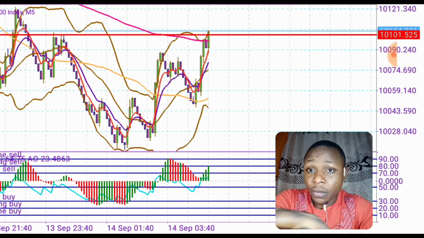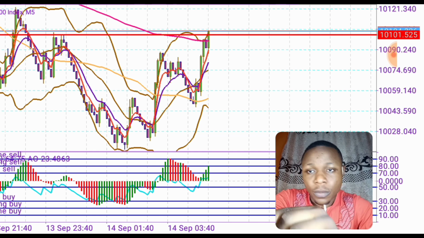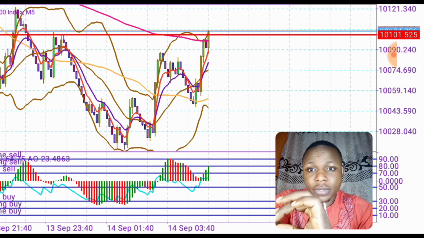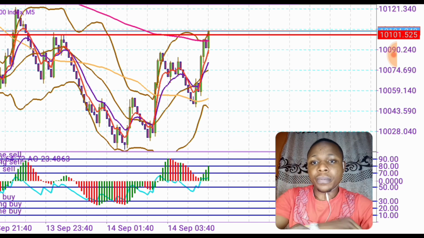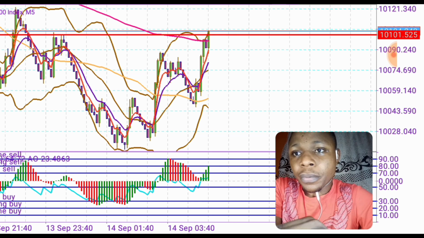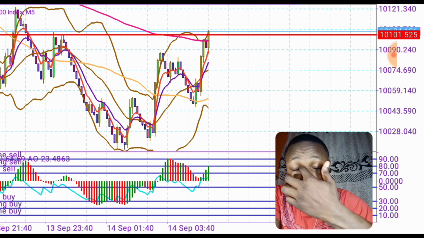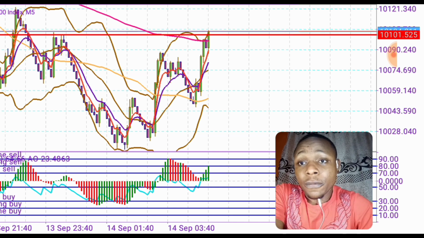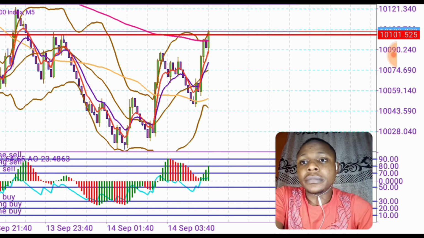When I say overall profit, you understand what I mean: one giving you a little loss and the other giving you higher profit, covering up the loss and giving you a little profit. That one can be used for scalping.